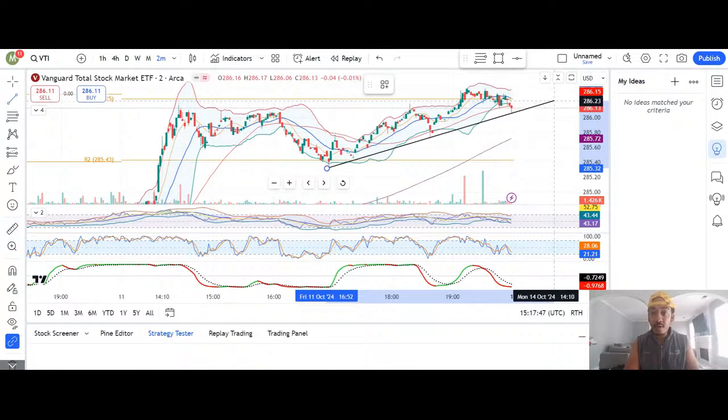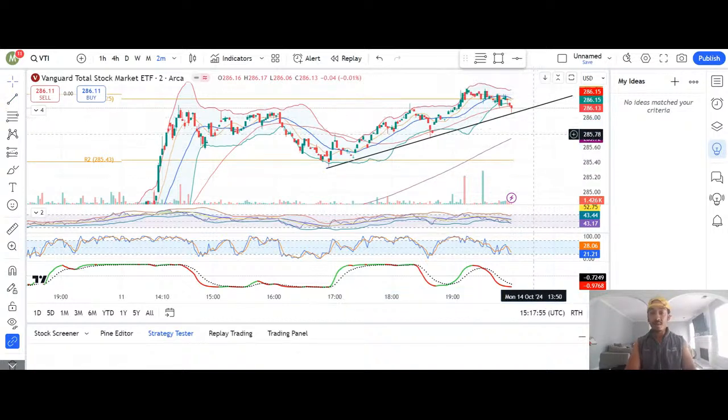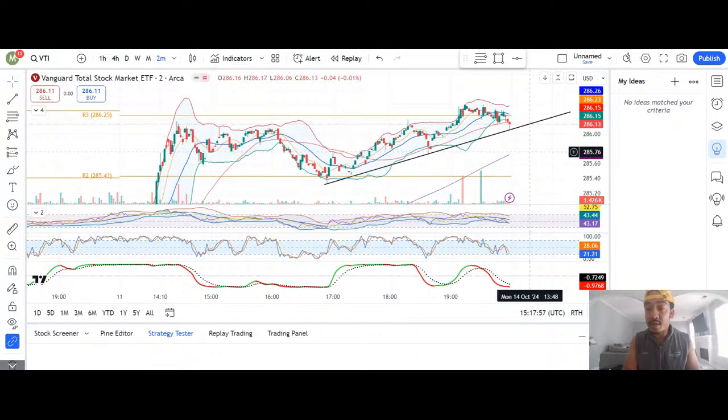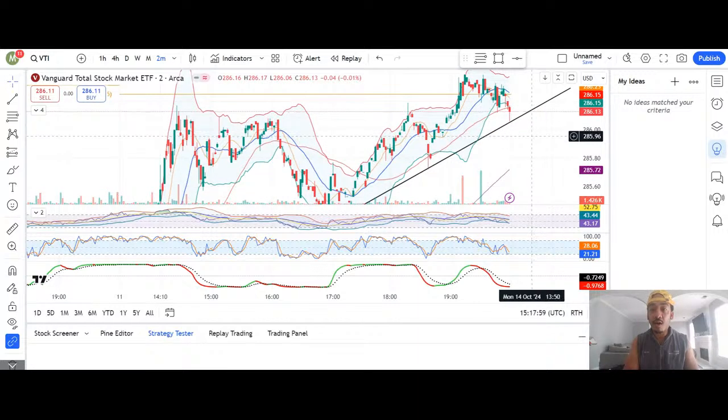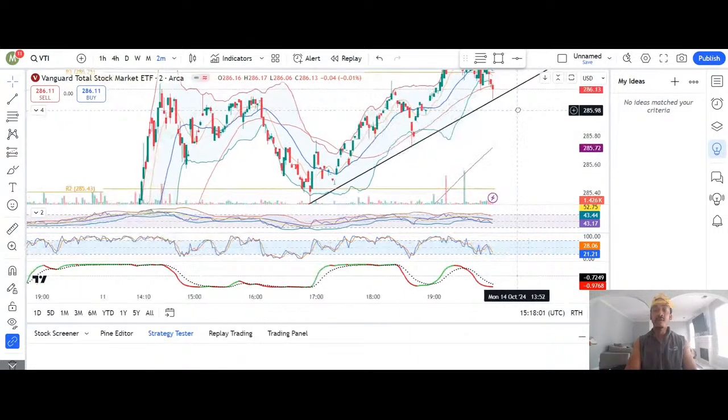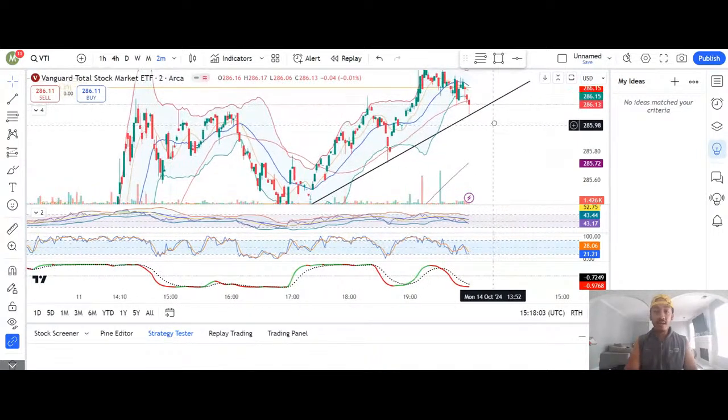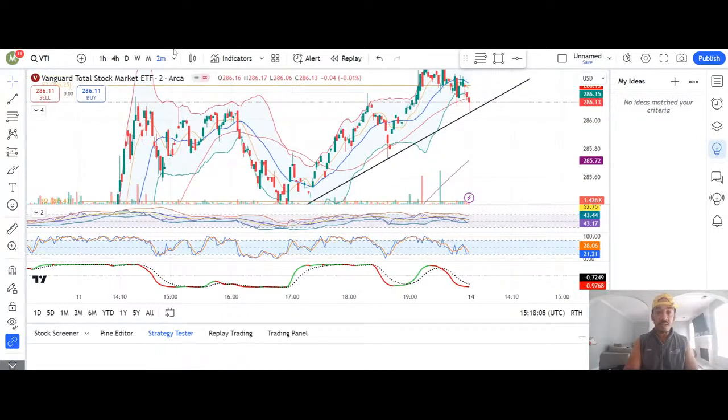So we're on a 2-minute time frame. You notice that's a significant spot for VTI. Say this is the stock that I wanted to trade, which it's not a stock, it's all of the stocks, it's an index fund. That is another level of support and resistance. It hit that level 3 times.